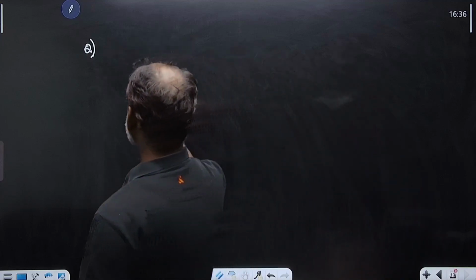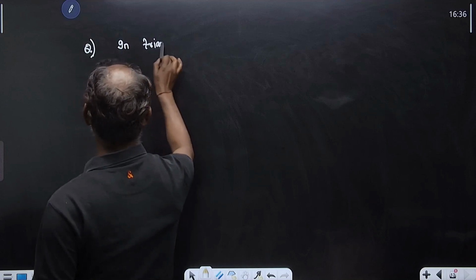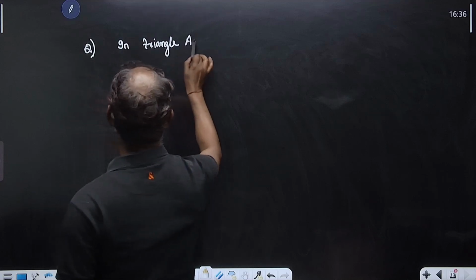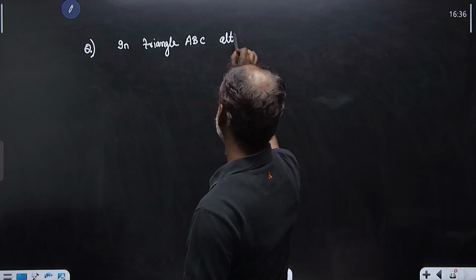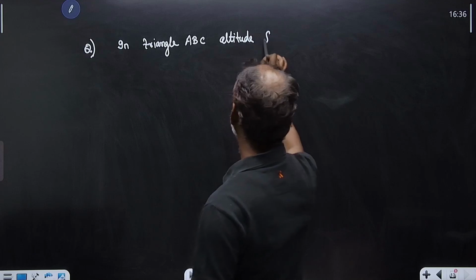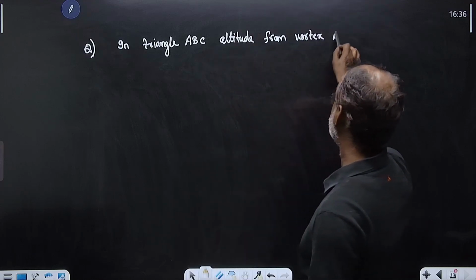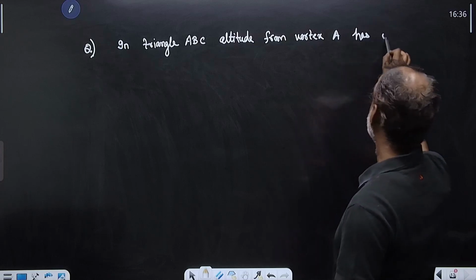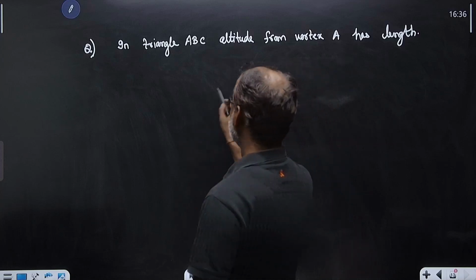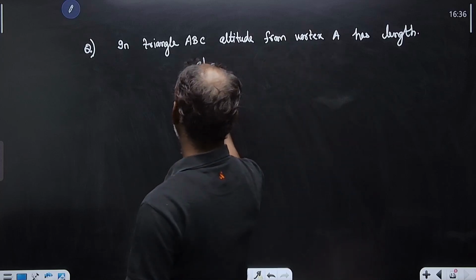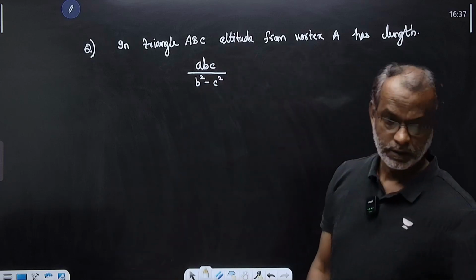Let me say, in triangle ABC, the altitude from vertex A has length abc upon b square minus c square.